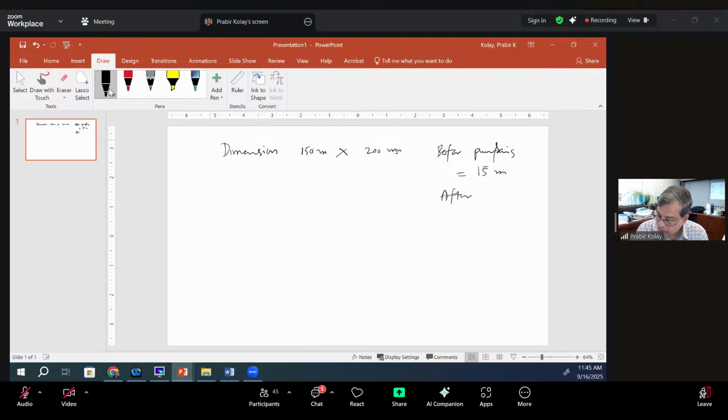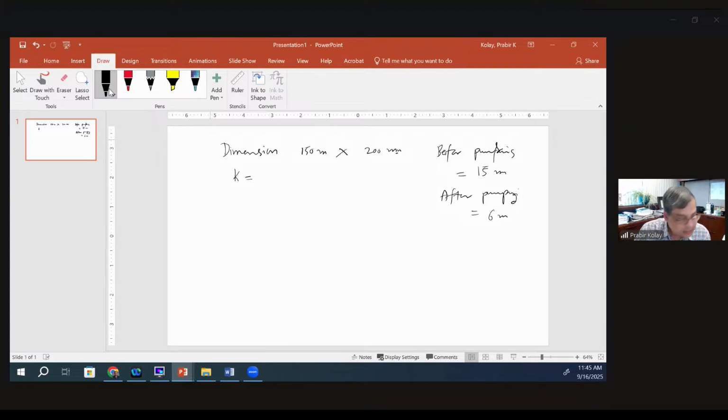After pumping, it is 6 meter. The permeability of the soil, K, is 2.3 times 10 to the power minus 5 meter per second, and the diameter of the well is 200 millimeter. We need to find the number of wells required.